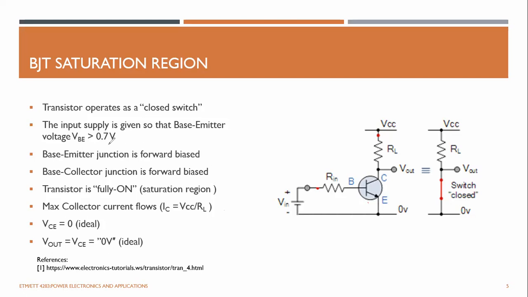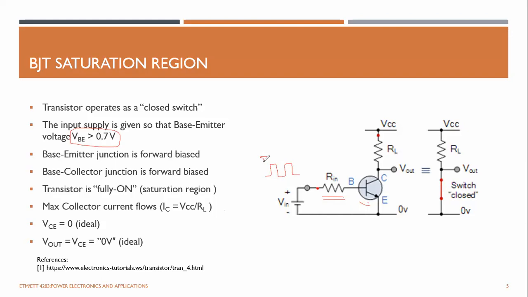So in order to put this transistor into saturation, you have to keep sufficient voltage across the base emitter. Typically, this should be higher than your threshold value, that is 0.7 volts. So you select the Rin value, based on your control signal, that will satisfy this requirement.